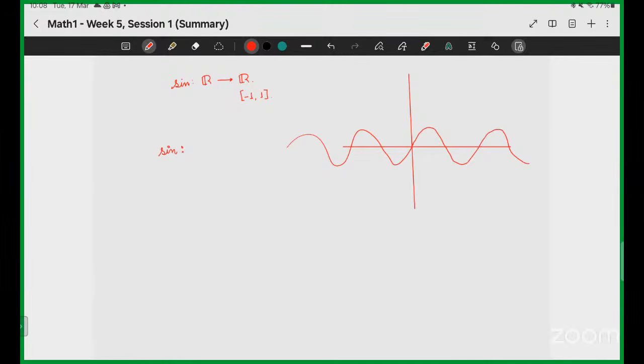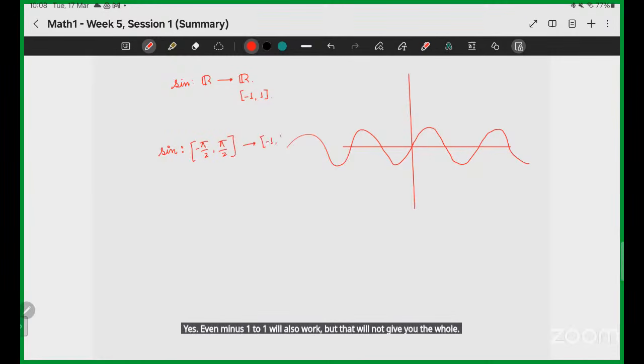On what domain is sine injective? What is the maximal domain on which it is injective? Sir, we can say that it is minus pi by 2 to pi by 2. Yes, injective. Even -1 to 1 will also work, but that will not give you the whole range on the other side.